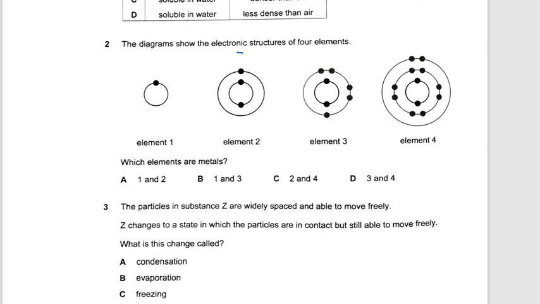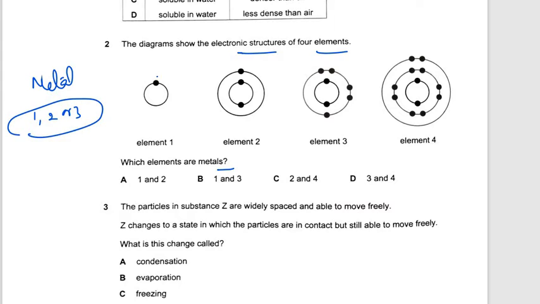The diagram shows the electronic structure of 4 elements: 1, 2, 3, 4. Which elements are metals? Remember, metals have 1 electron, 2 electrons, or 3 electrons in the outer shell, maximum. Why? Because metals always form cations, which means positive ions, so maximum they can give 1, 2 or 3 electrons.